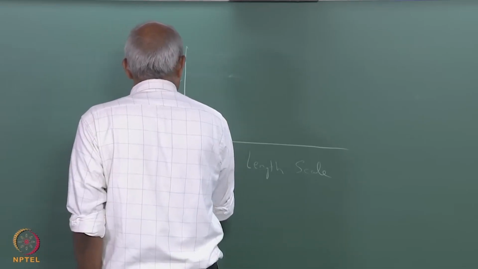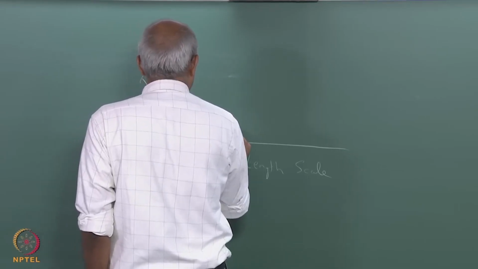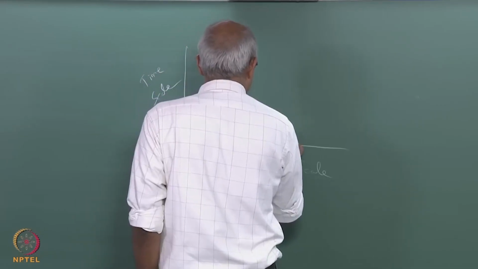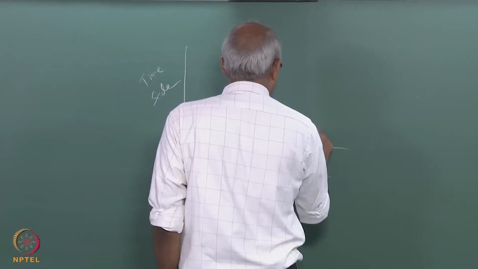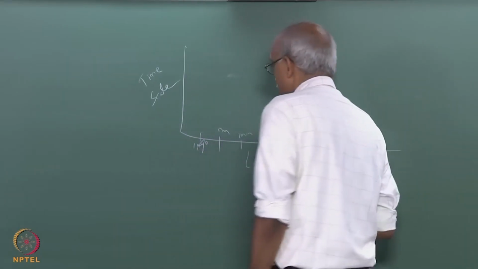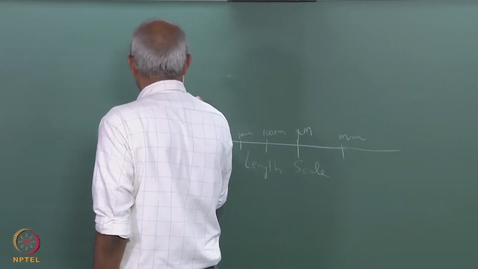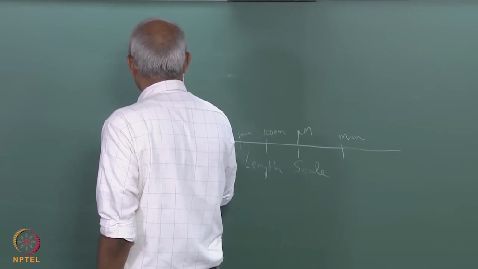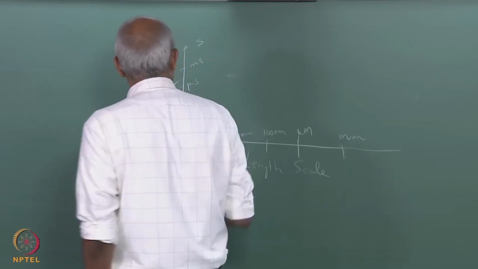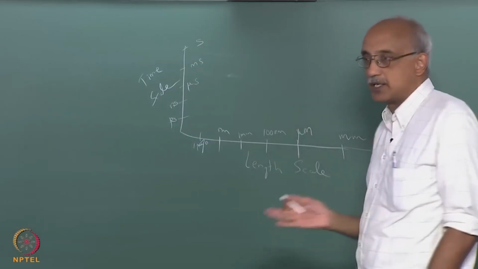So, the length scale can start from, let us say, 1 angstrom, nanometer, 10 nanometer, 100 nanometer, micrometer, and then let us say millimeters. And similarly, on the time scale you can start with a picosecond time scale, nanosecond, microsecond, millisecond, second, and so on. So, this is kind of your modeling space.